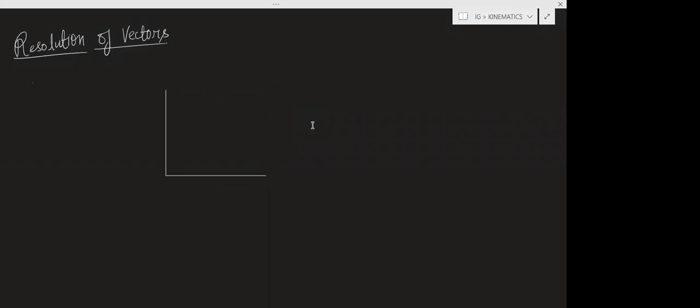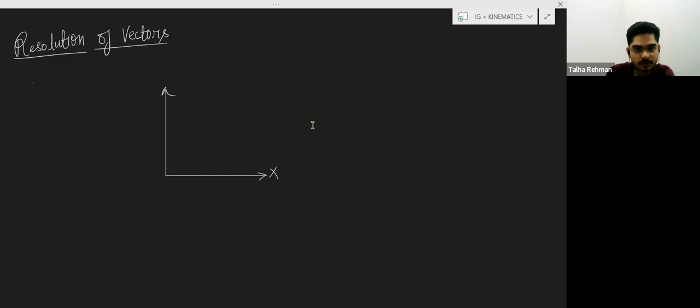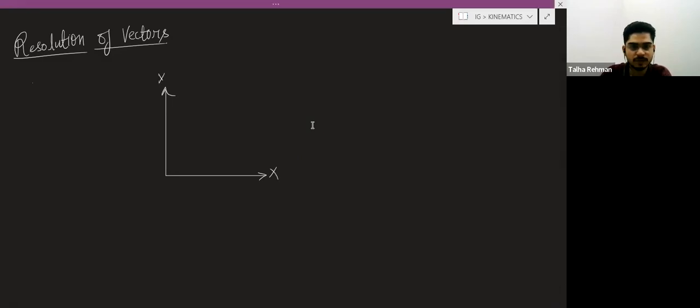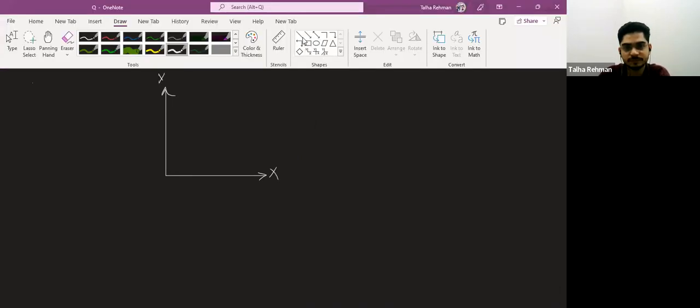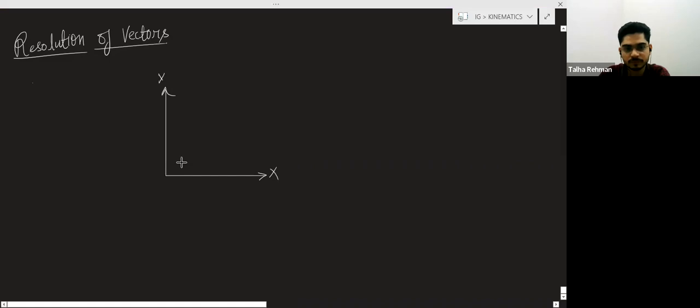Okay. So suppose this is your x-axis. This is your y-axis, and there is one vector like this.